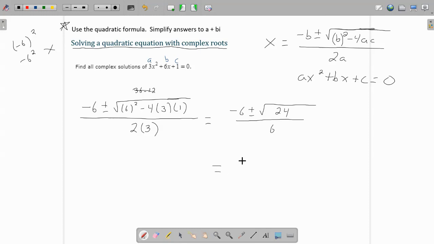Okay, so what we're going to do here is, even when we get an I here, which we'll see next, we have to break these down. And then 24, what's the biggest perfect square that goes into 24?